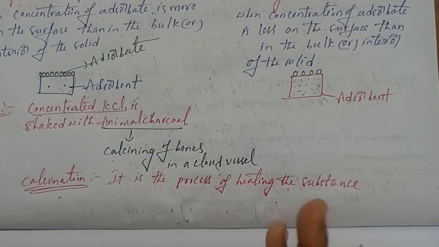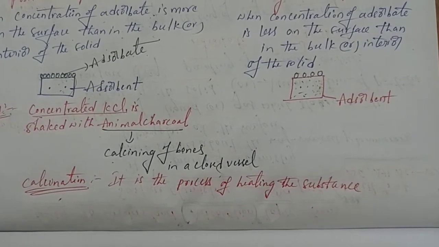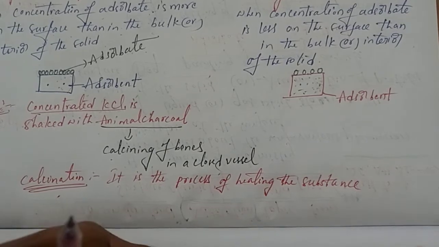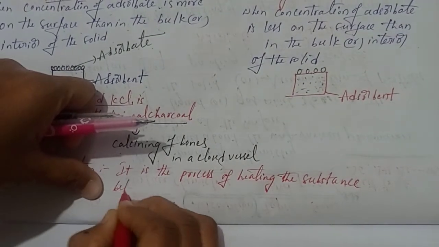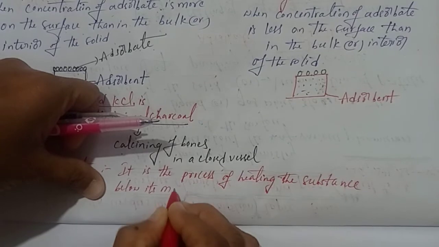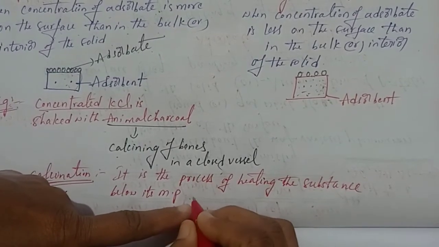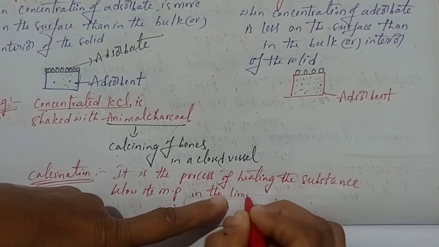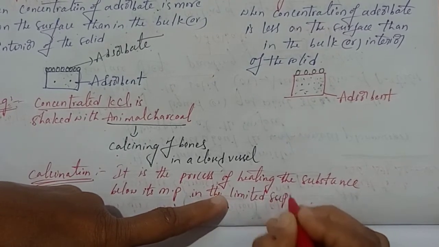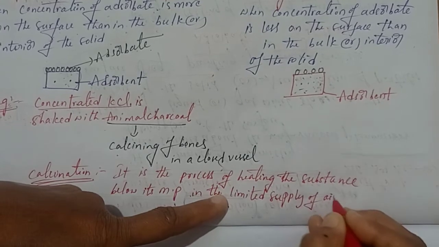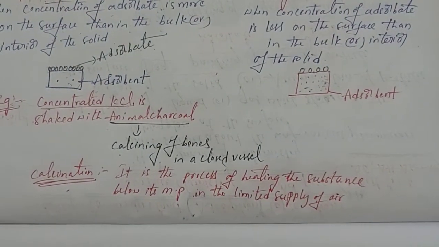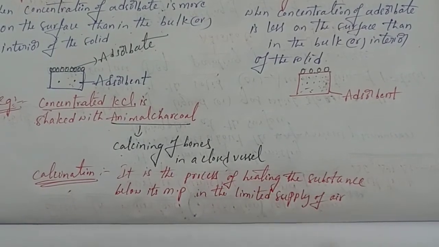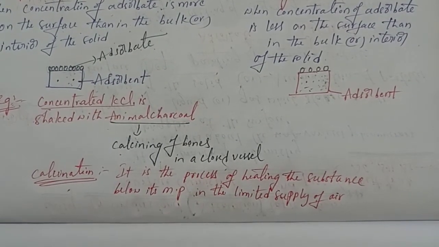Heating of the substance below its melting point in a limited supply of air. Clear? What is calcination, students? Calcination is nothing but the process of heating the substance below its melting point in a limited supply of air.